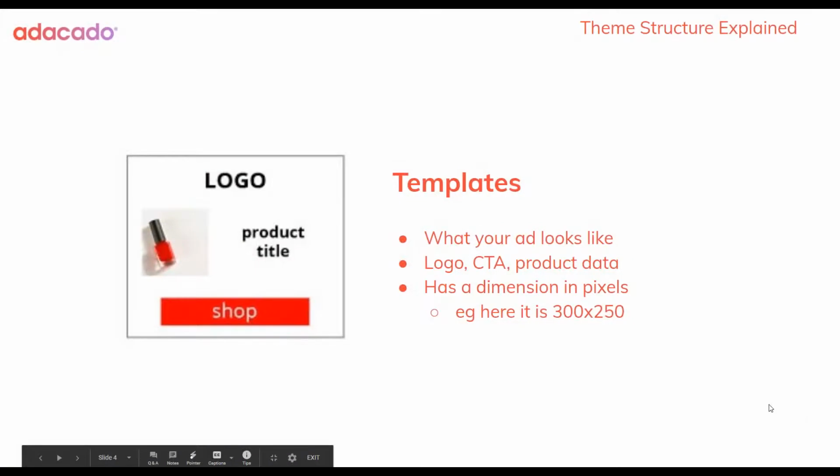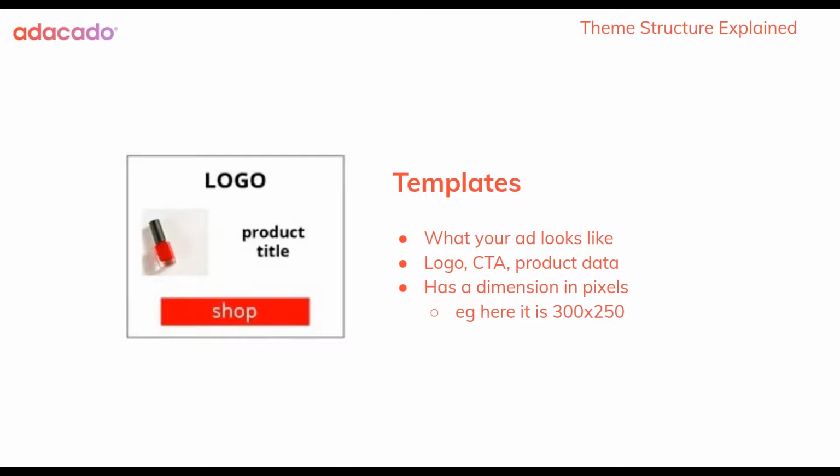So before we jump right into it, I just want to talk about the structure of the ads in Adacado and what makes up a theme. So the base building block that we have for an Adacado theme are what we call templates. So the template defines what your ad looks like.